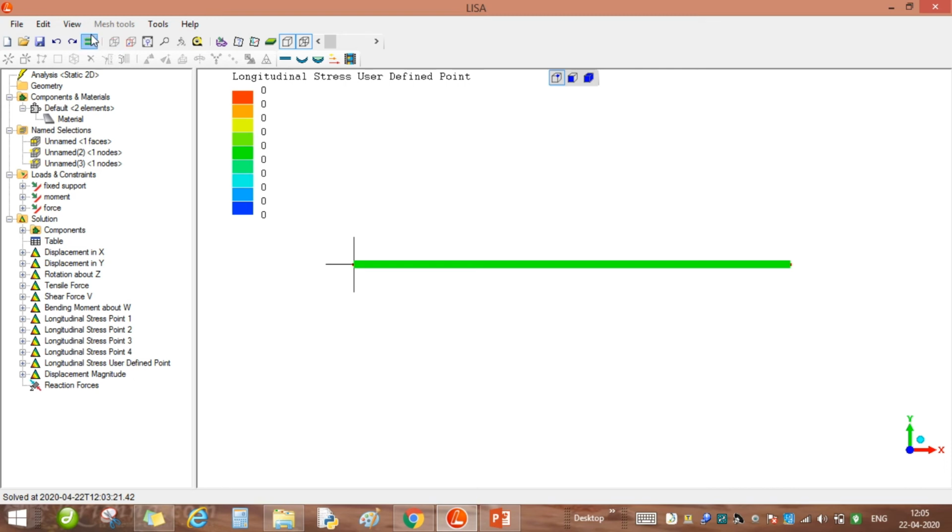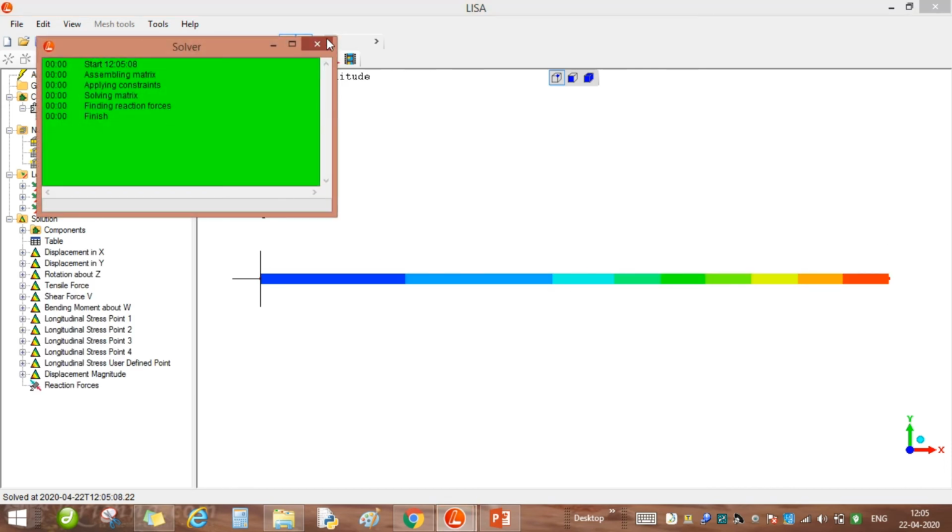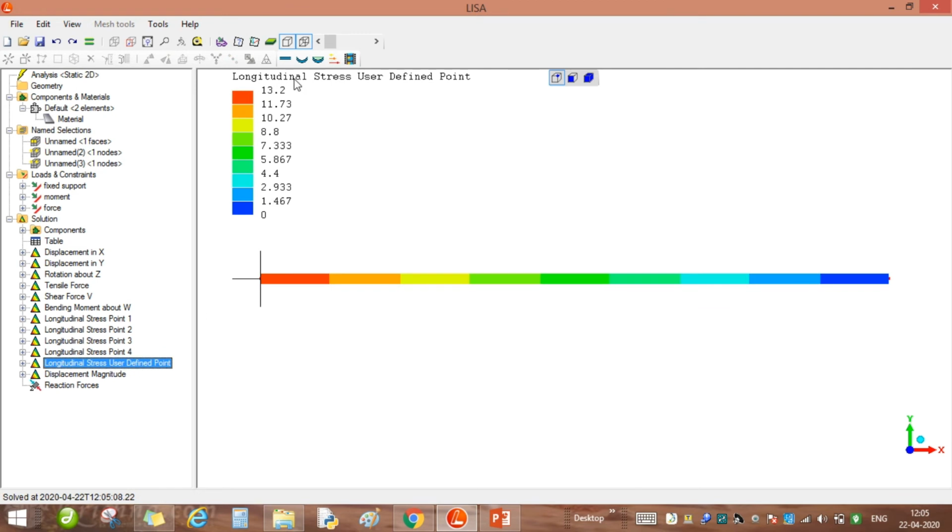It means let us solve it again and try to see what are the stresses here. So on the top fiber at this particular point, the stress is 13.2 megapascal, which is equal to this 13.2 megapascal here.